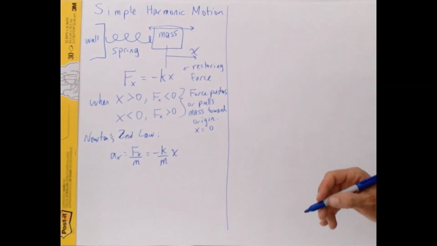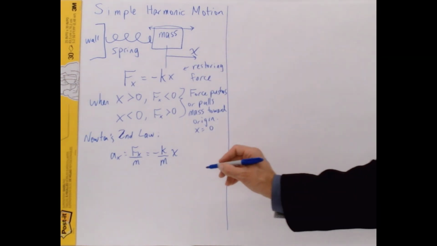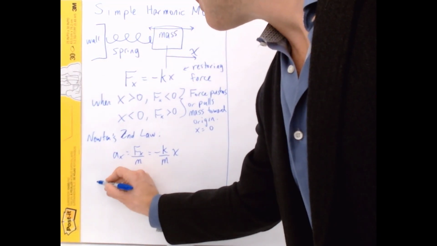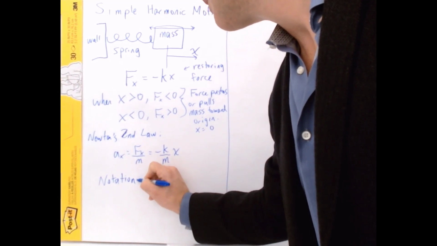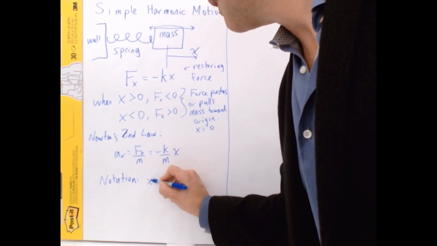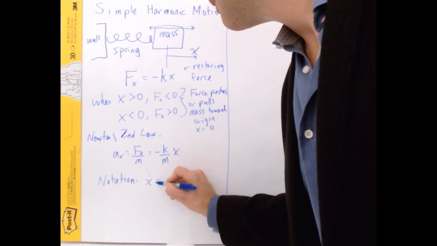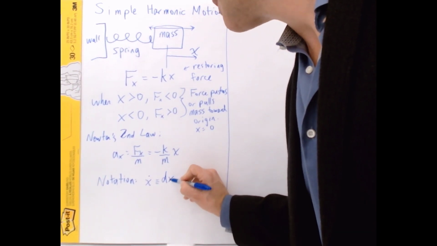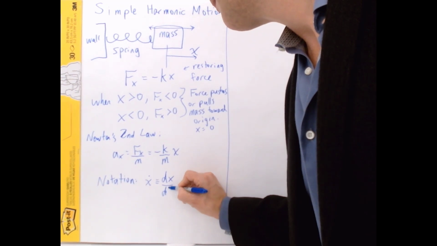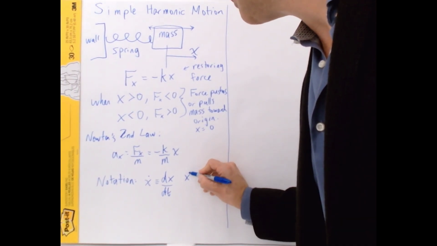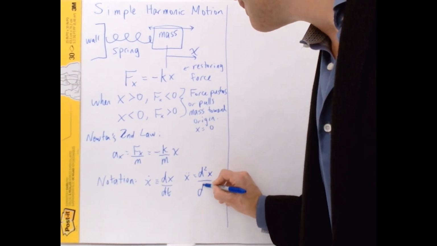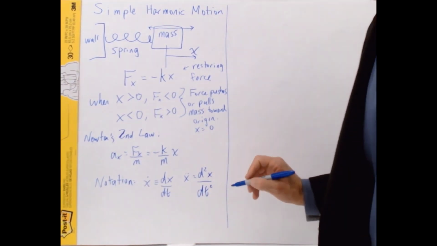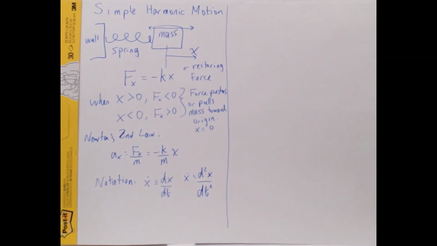Okay. Now I want to introduce a certain notation here to make it a little bit easier to read this. I'm going to set x with a little dot on it, defined as dx by dt, and x with a double dot is d squared x by dt squared. So that'll just shorten stuff a little bit.